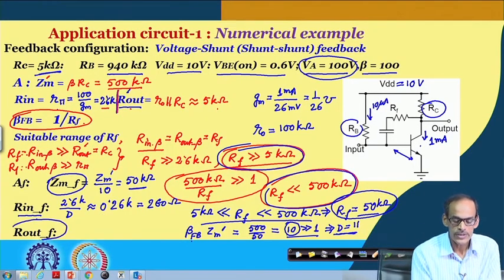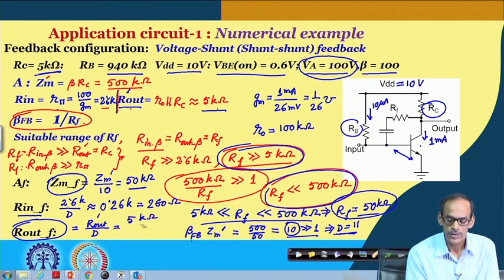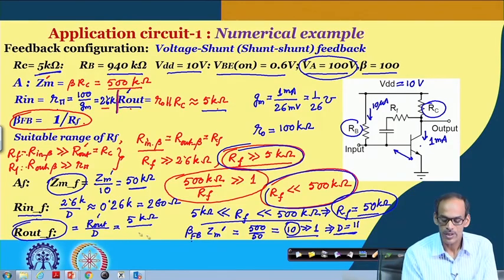The output resistance, on the other hand, is R out dashed divided by D. R out dashed is 5 K divided by either 11 or approximately 10. So, that gives us a value of 500 ohms.